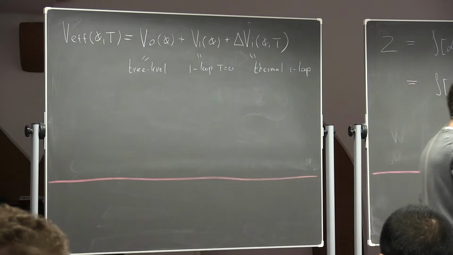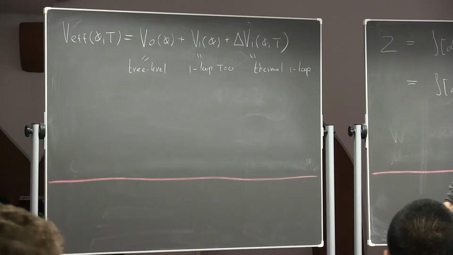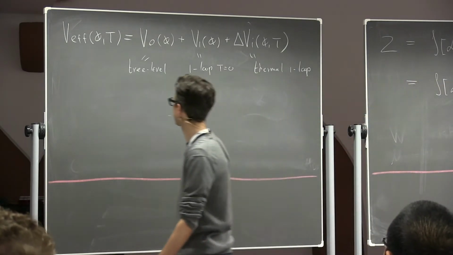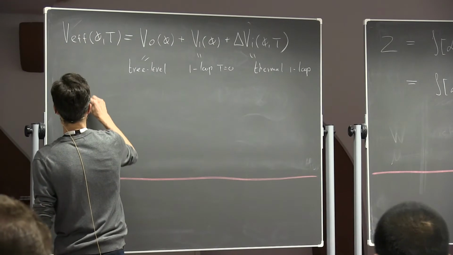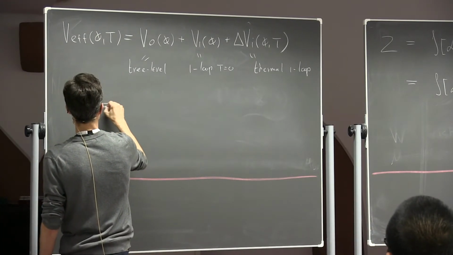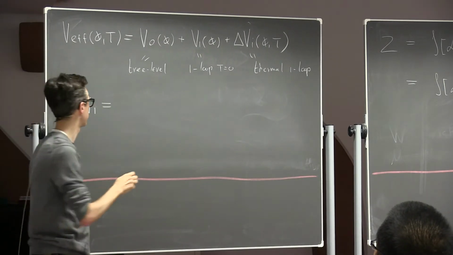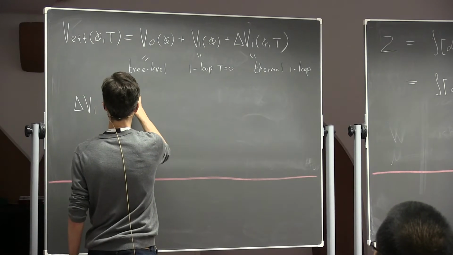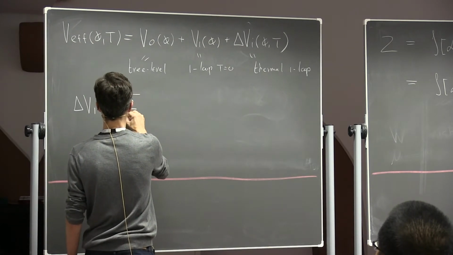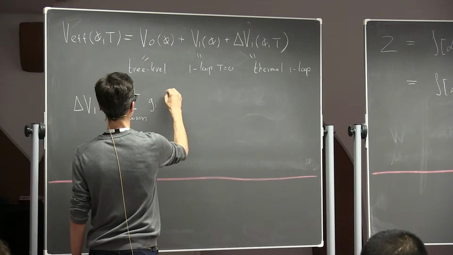So we're going to be mainly interested in the thermal corrections because these are the ones that are going to do interesting things. The form of the thermal contribution, the delta V1 thermal, has contributions from all the bosons and all the fermions in your theory.